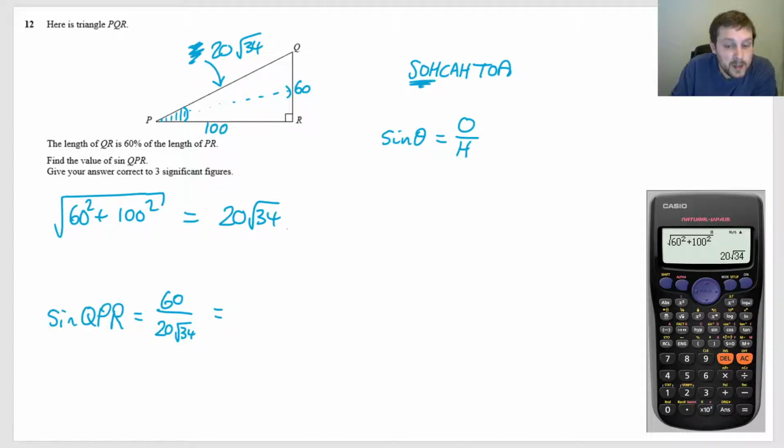So if I actually type that into my calculator and then write that down to 3 significant figures, I'm going to have the answer. So 60 over 20 root 34 is 0.514 to 3 significant figures. And I'll just check the answer.